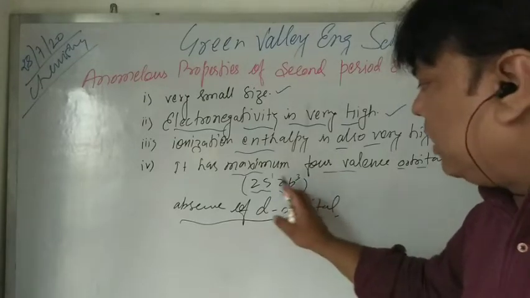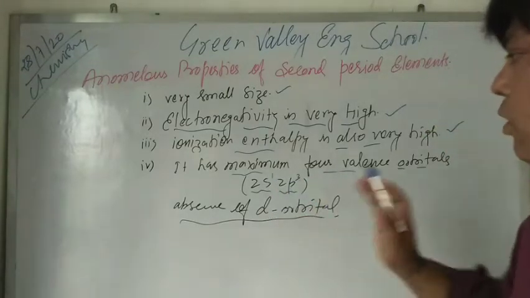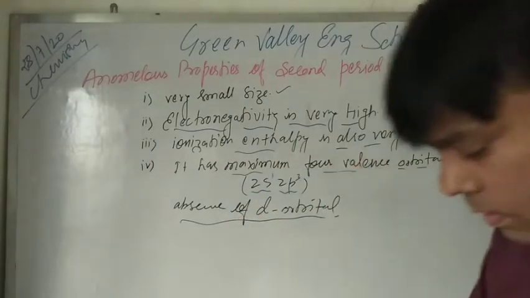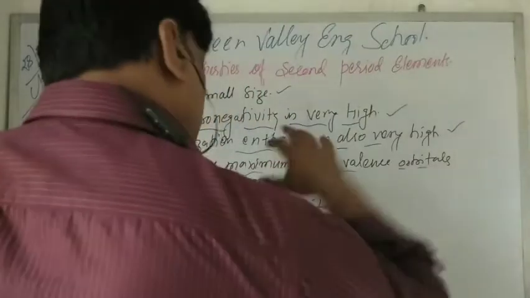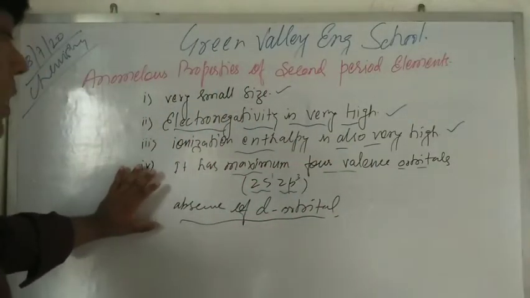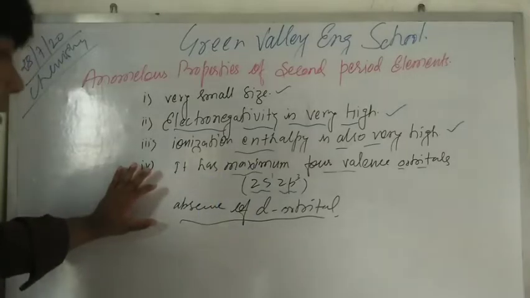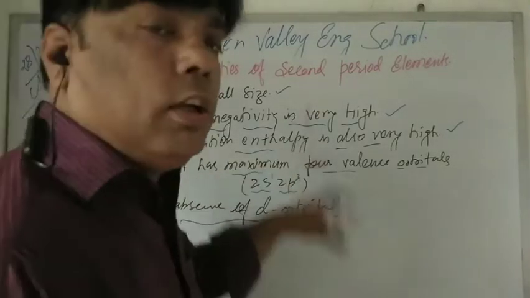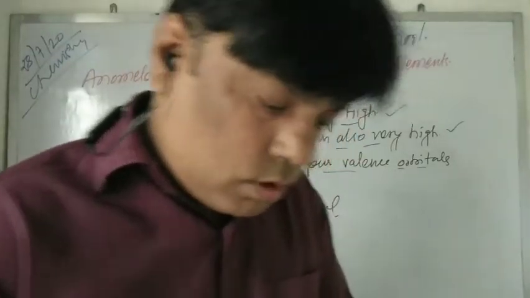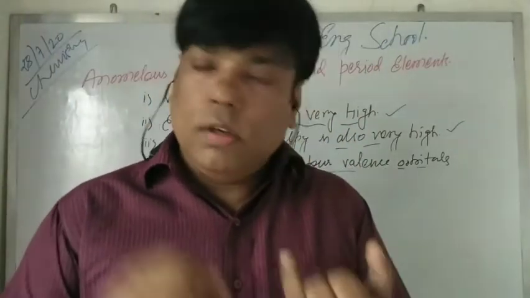So maximum 3 plus 1, 4. So we have only 4 vacancies in orbitals. So maximum valency will be 4. Or you can also say that absence of d orbital. So these properties are due to very small size.